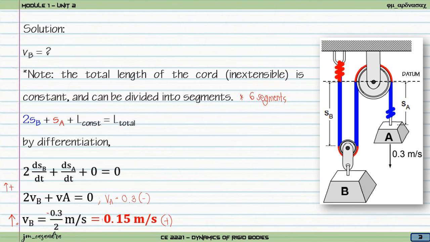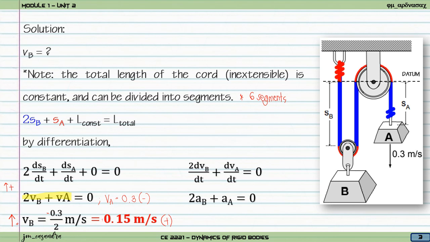In here, we'll simply use differentiation again, but we'll be differentiating this equation. So we'll now have 2 dVB with respect to time plus dVA with respect to time is equal to 0.